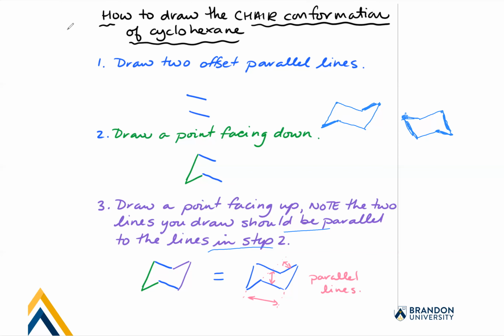You can come up with some pretty brutal looking chairs doing it freehand, even with lots of experience, like I just did. But anyway, typical 2 parallel lines, draw a point down, point up, and then hopefully all of your lines tend to be parallel.